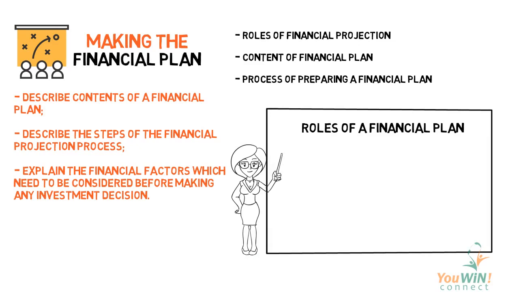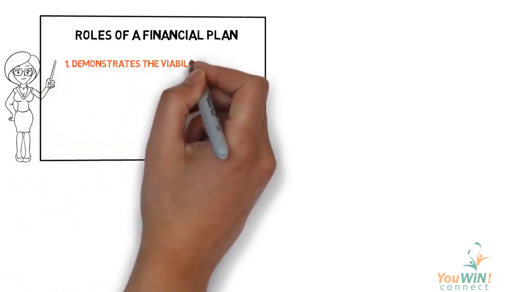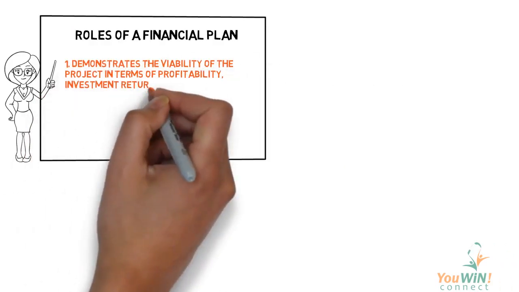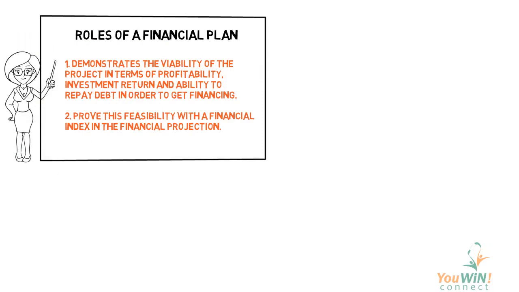A financial feasibility has two broad sides. First, it demonstrates the viability of the project in terms of how profitable it is, the kind of return that we get from the investment, and ability to repay debt in order to get financing.